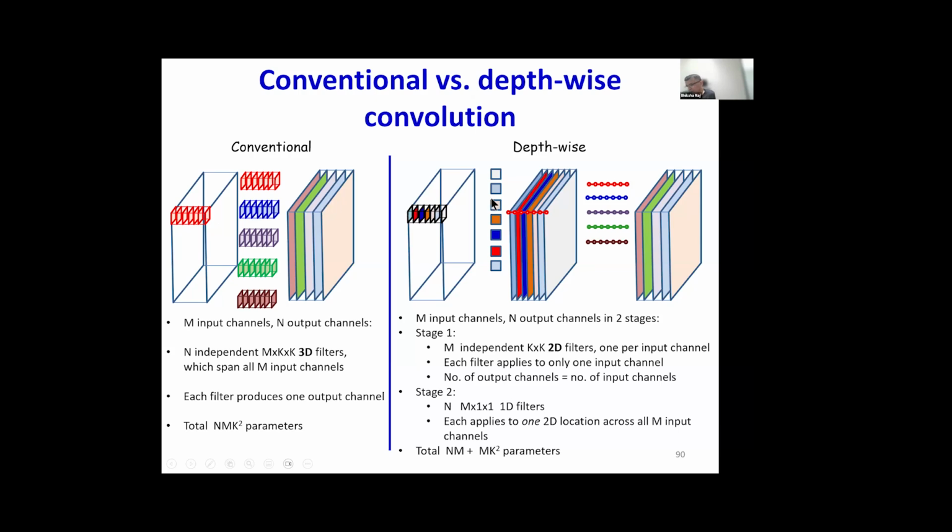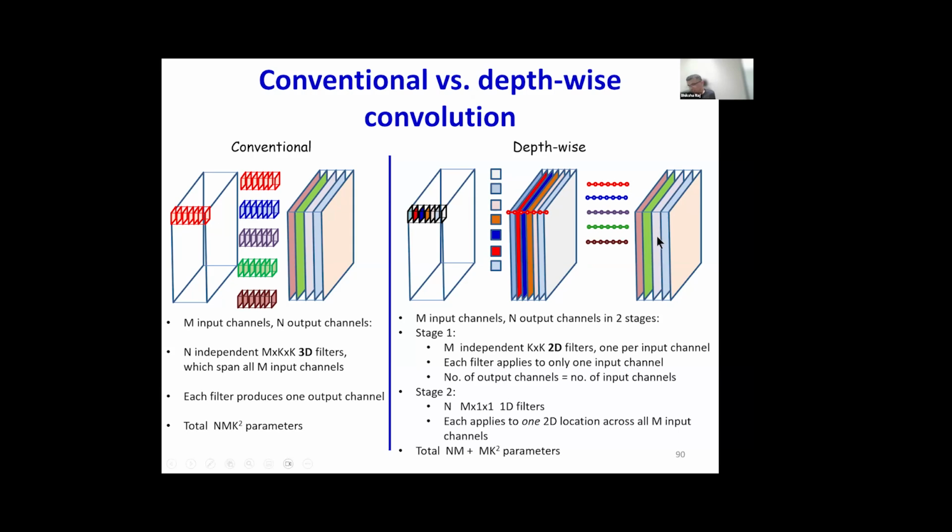Here, if I want to get 5 output channels, I'm going to have a single filter with 7 channels. The single filter is going to produce 7 output channels. These 7 output channels are each going to be convolved with 5 1x1 filters to get you 5 output channels.